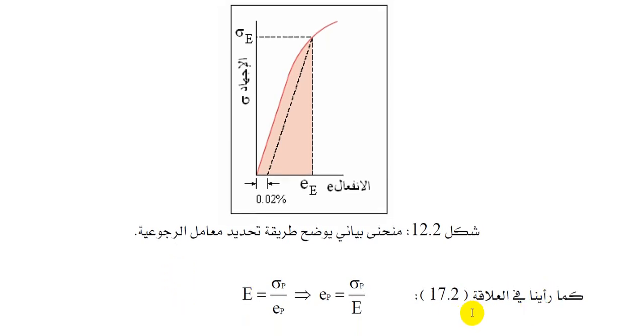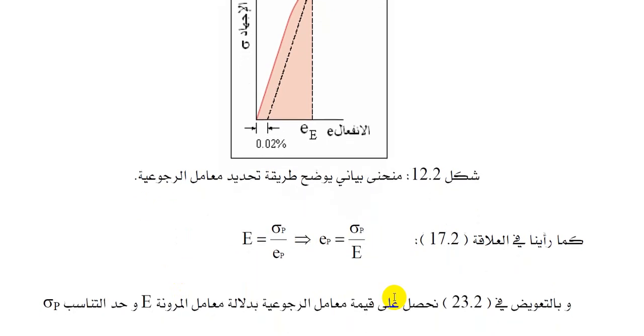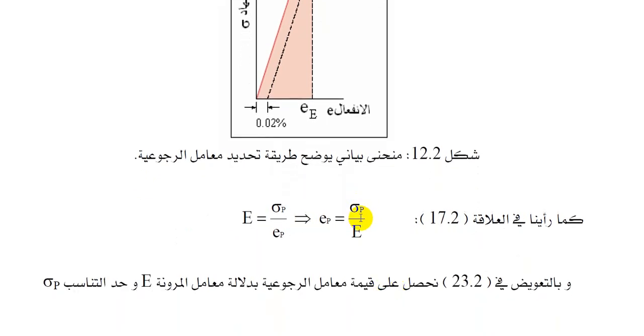As we have seen in equation 17.2, E equals stress P over strain EP, hence the strain EP equals stress P over E, as you can see. E is the elastic modulus, and stress P is conjugated with the letter P, indicating the proportionality limit, meaning the stress in the proportionality limit.